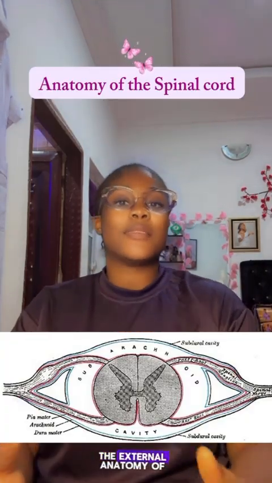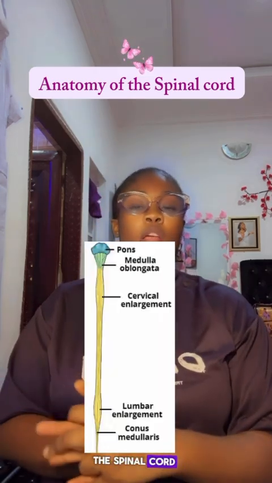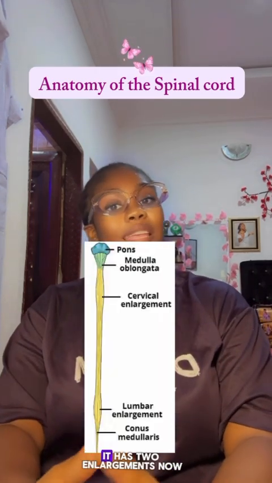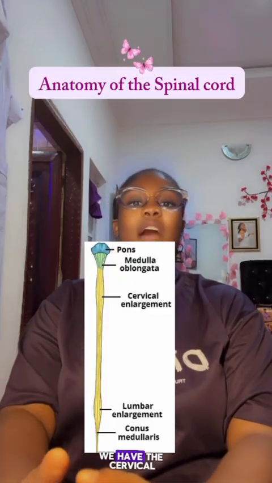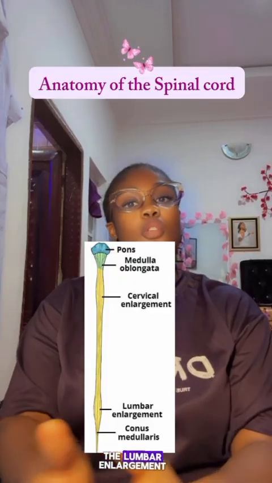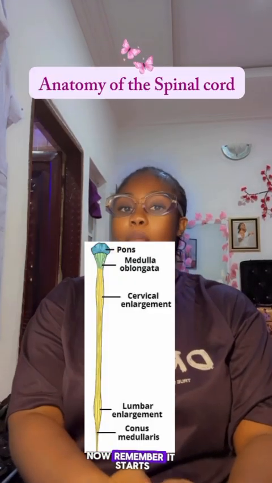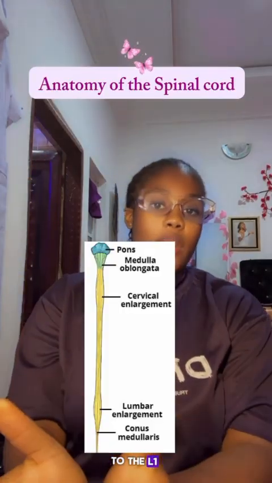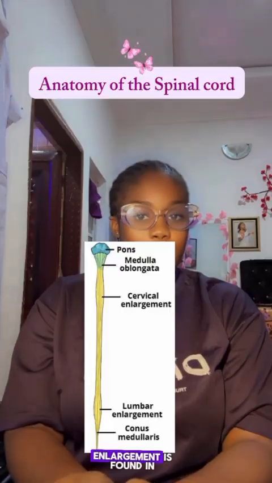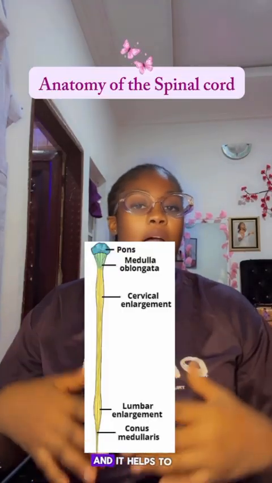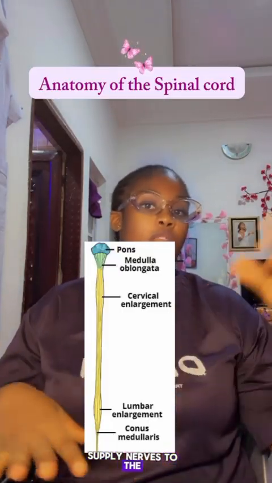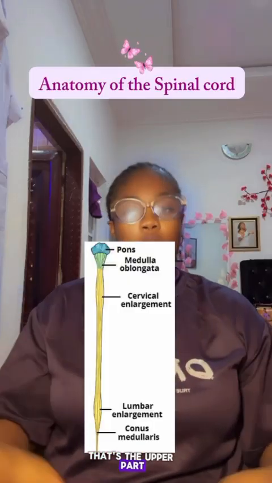Now let's talk about the external anatomy of the spinal cord. It has 2 enlargements: the cervical enlargement and the lumbar enlargement. Remember, it starts from the cervical region down to L1, L2. The cervical enlargement is found in the cervical region, and it helps to supply nerves to the upper limbs, that's the upper part of the body.